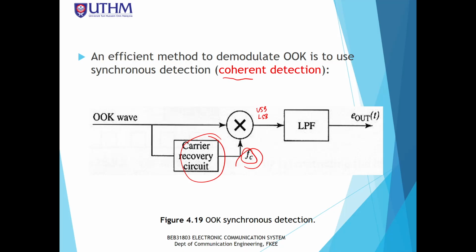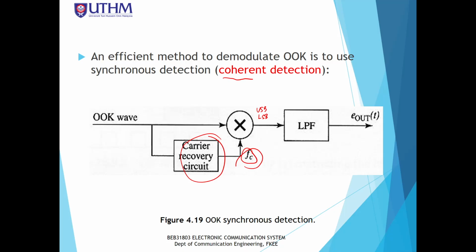If you remember about the balanced modulator, when we multiply two inputs, we produce the upper sideband, the higher frequency, and also the lower sideband, which is the lower frequency. So when we produce two types of frequencies, we can select either one of them using a filter.